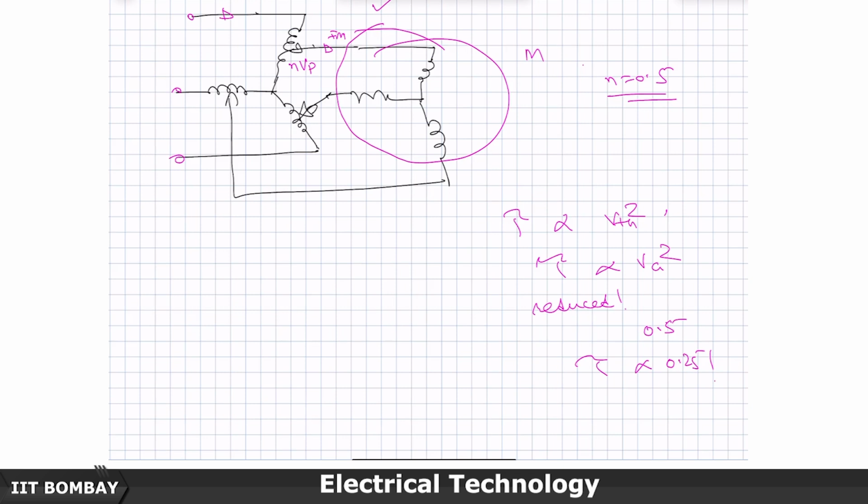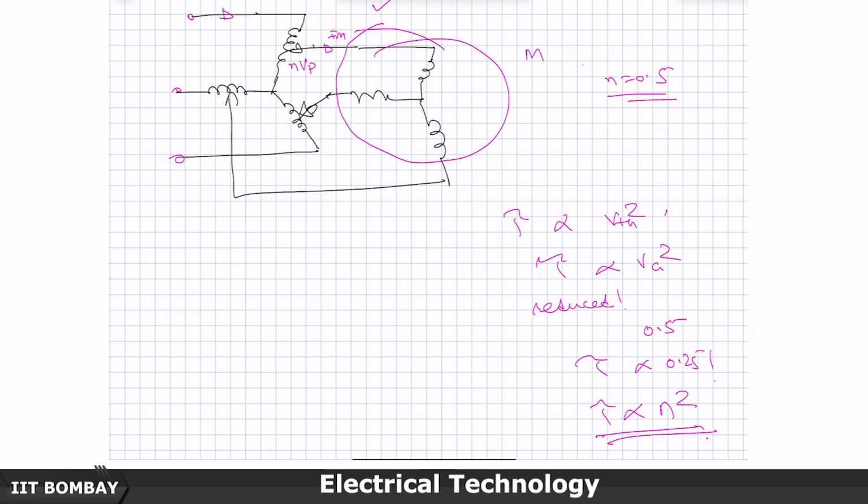In general, if I use a factor of n as the turns ratio instead of 0.5, the voltage is altered by n, and the torque will become n squared times of that.